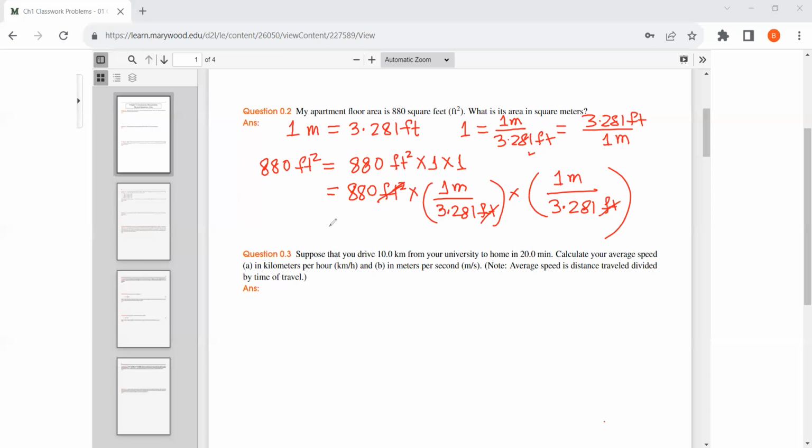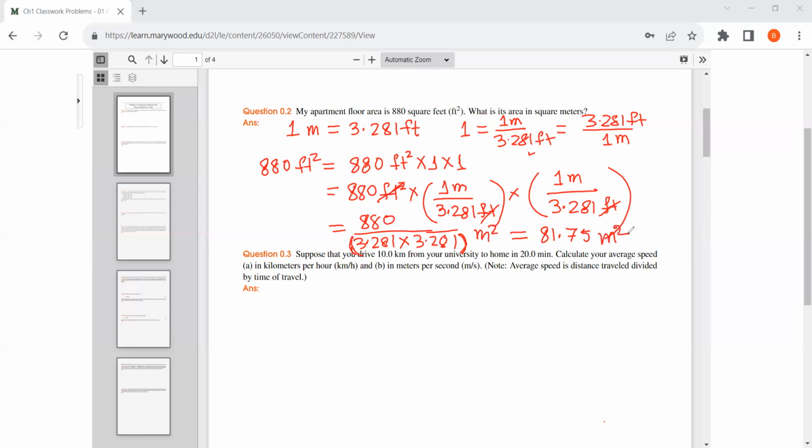Now we do the math using our calculator: we have to divide 880 by 3.281 twice. Use brackets here to get the correct answer. Our answer is in meter and meter, so 2 meters is square meters. If you do this correctly, you probably get 81.75 square meters.